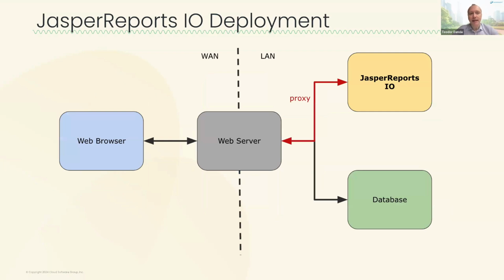Now, let's take a look at the way to make use of an interactive reporting microservice like the one we have at Jaspersoft. JasperReports IO is supposed to be like a commodity or like any other service that is available inside your local network.